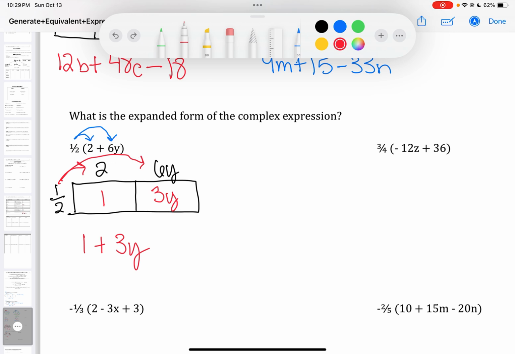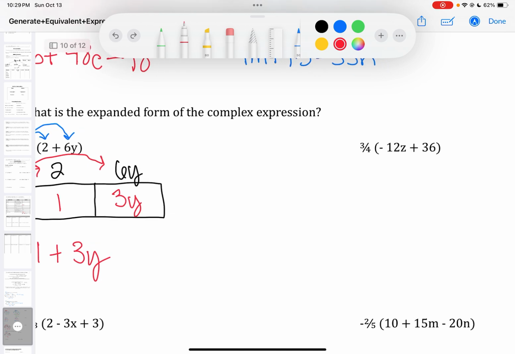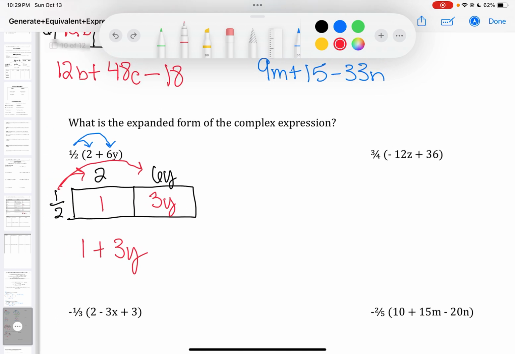will become smaller afterwards. So now we have 3/4 times negative 12z plus 36. I'm going to make my area model again, just like this, splitting it in half because there's two terms. My 3/4 will go to the side. Then I will have a negative 12z and 36.